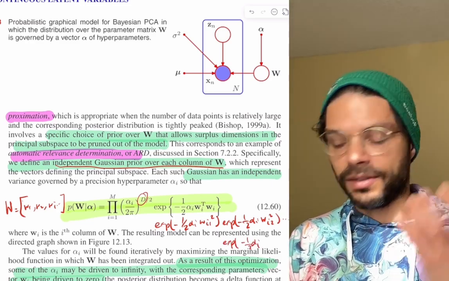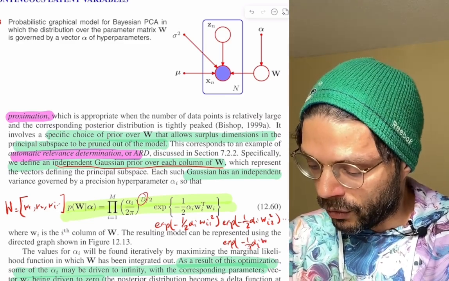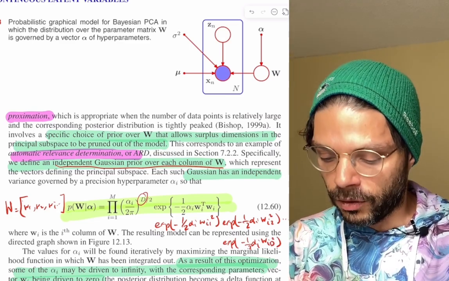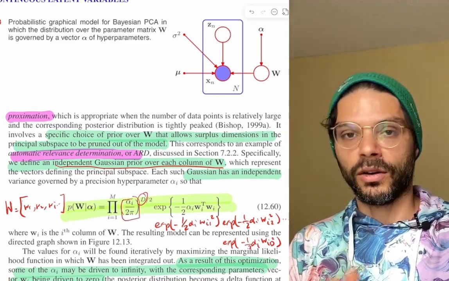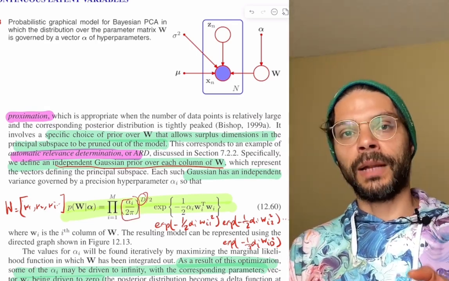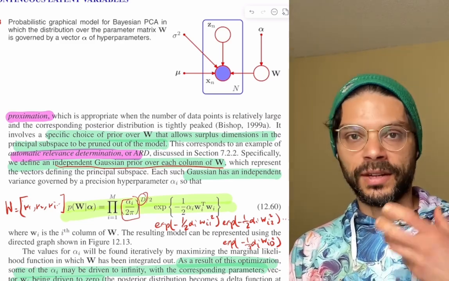You see the alpha_i is not changing. In principle, you could have a different variance for each of the elements, but what we're going to do is use alpha_i, and each one of those contributes one of these terms. Then we have d of them, so you get the d squared. So essentially, we're putting a prior on the elements of W, but in such a way that all the elements in the same column have the same precision term.